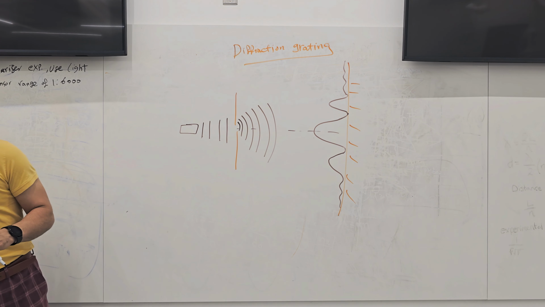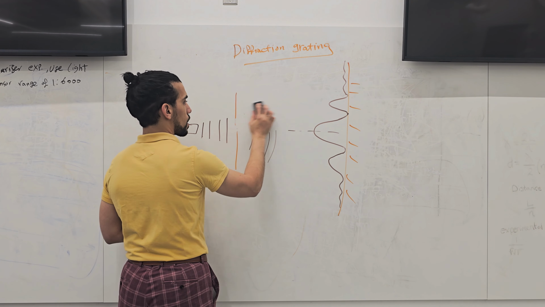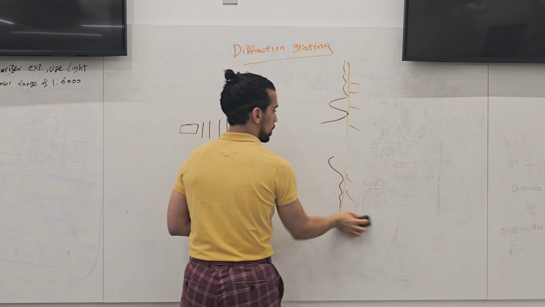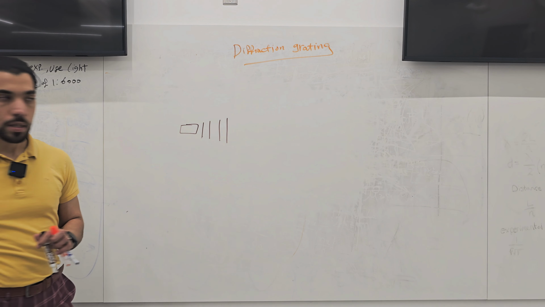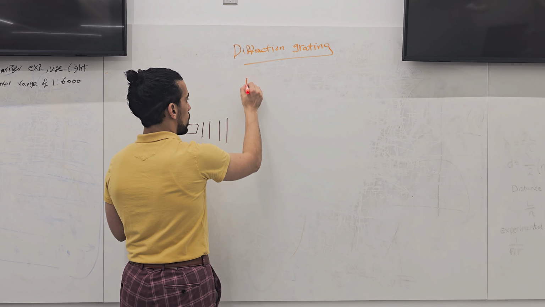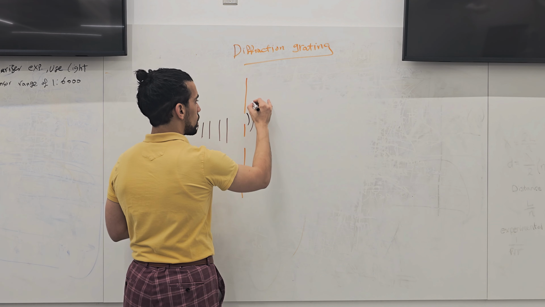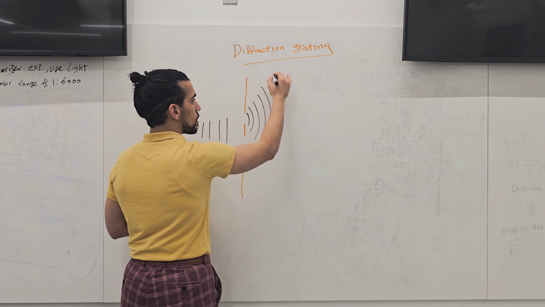So what happens if we have actually two slits, not just one slit? When we have two slits, the light goes inside and bends.